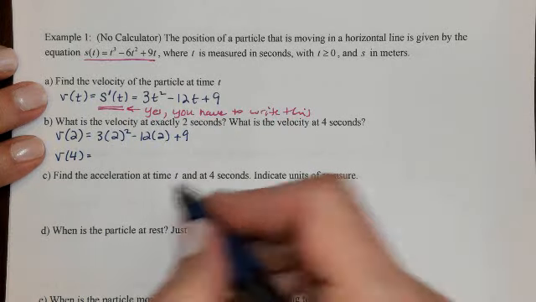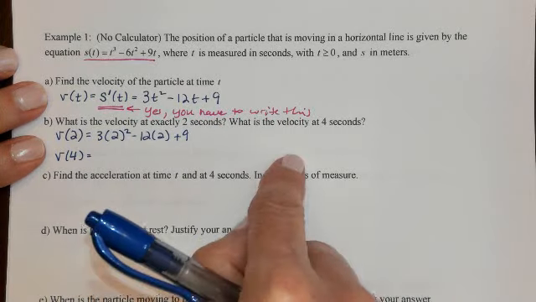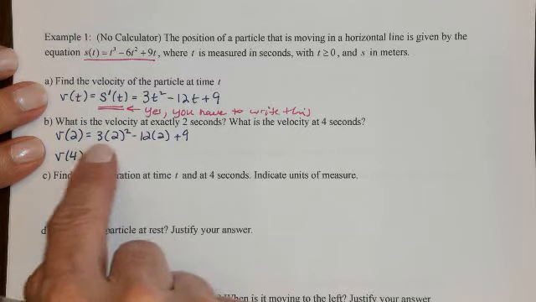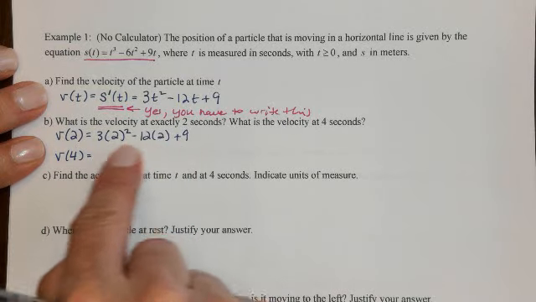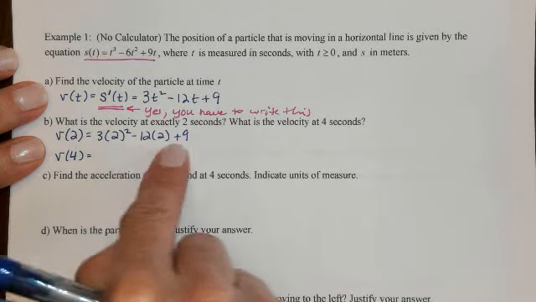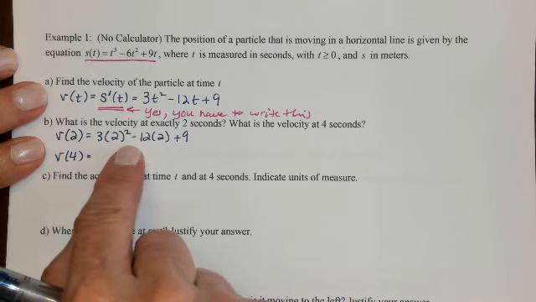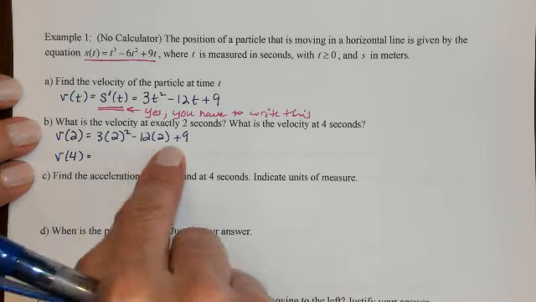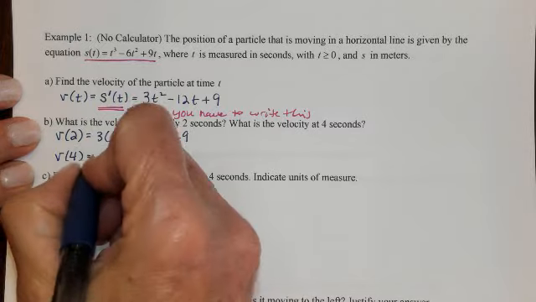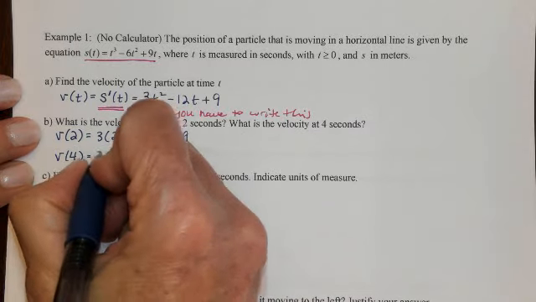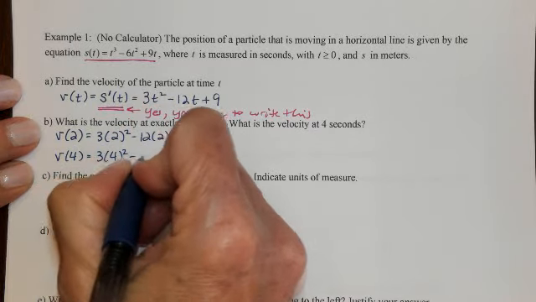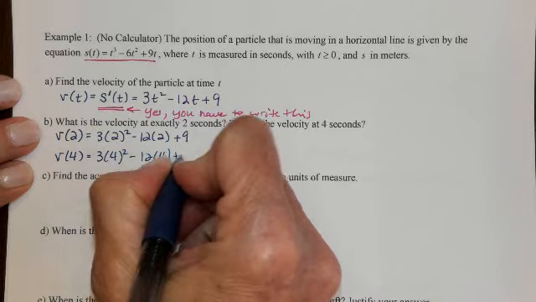If this is a free response question, it's not multiple choice, I'm not even going to waste my time adding those together. Okay? Just leave it. The only reason that I would do it is if this was multiple choice. So just leave that. V of 4 is 3 times 4 squared minus 12 times 4 plus 9.